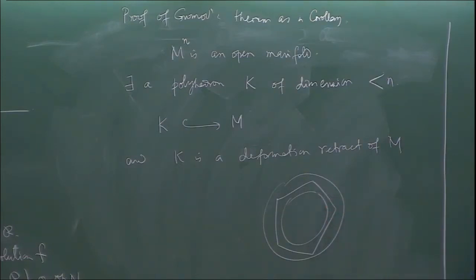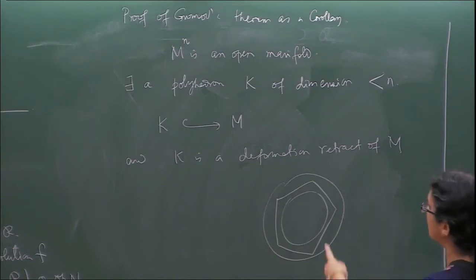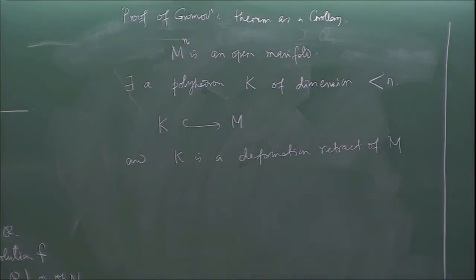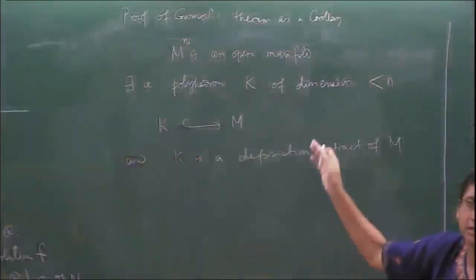That will be very useful in the course of the proof. For a closed manifold, by Morse theory, you get a handle body decomposition, and you cannot miss the top dimensional handle, so you cannot reduce the dimension by anything.